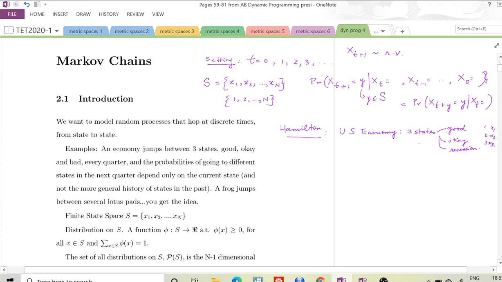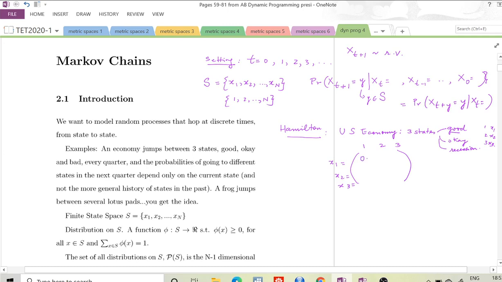And basically, the dynamics of the economy is described by what we call a transition matrix, all right? So in this transition matrix for the US economy, there are 3 rows in this paper, and row 1 gives the probability that if the state is state 1 today, which is good, what is the probability that it will remain good tomorrow?